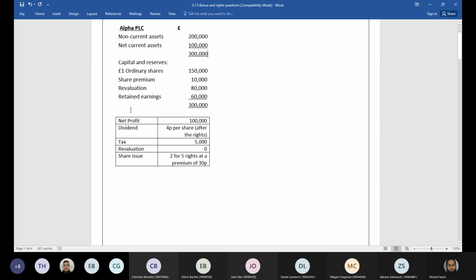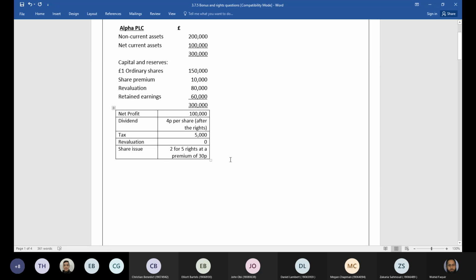let's work out the existing number of shares. Sometimes it's so obvious you don't need to do a calculation. When they're £1 shares, of course, it would just be 150,000. But first thing is, just like before, I'm not going to put it down. It was existing number of shares. I will just go through the process so you know what we're talking about here.